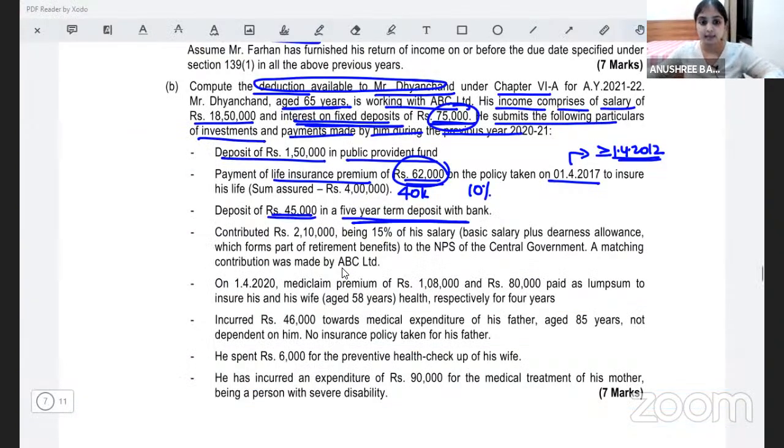Okay. Then he contributed 2,10,000, 15% of his salary, to NPS of the central government. Matching contribution was made by ABC Limited. So here, contribution to NPS, this will go to which section? Contribution to NPS will go to section 80CCD.